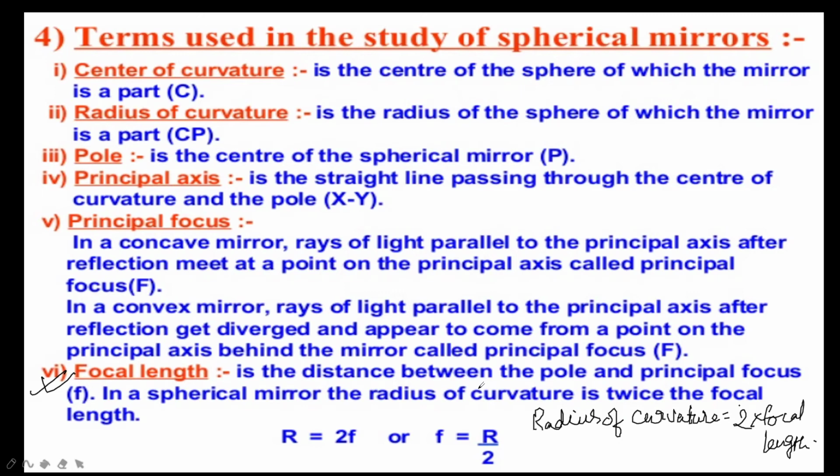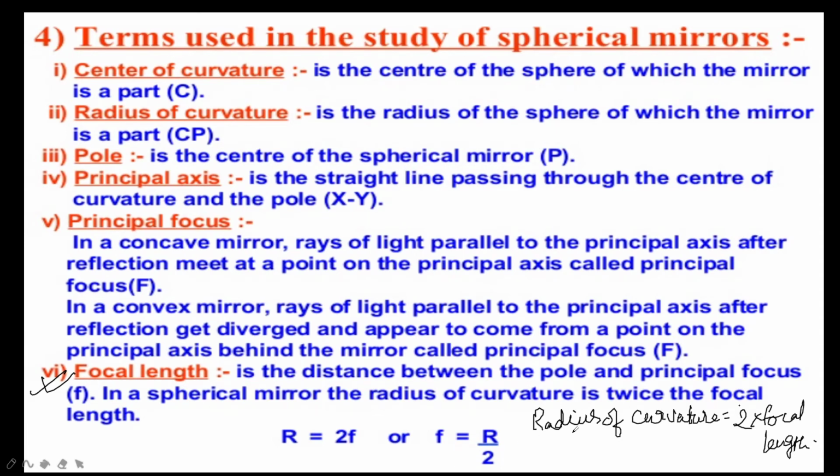So the principal focus of a concave or convex mirror lies midway between the pole and the center of curvature, and the radius of curvature is equal to 2F, double the focal length.